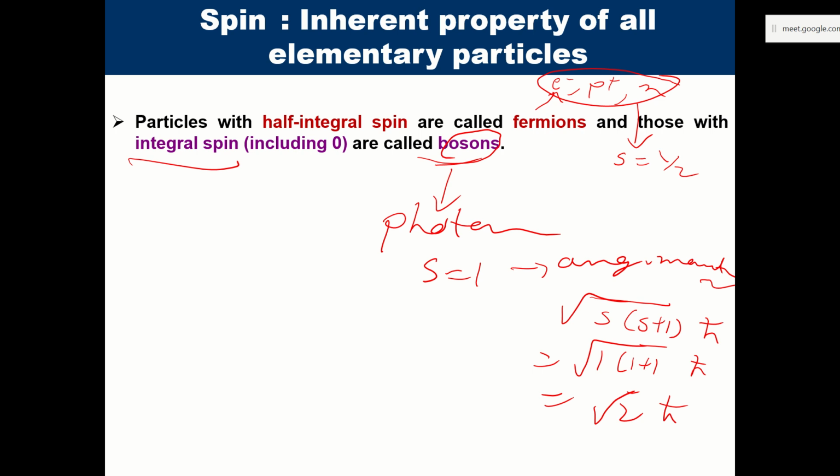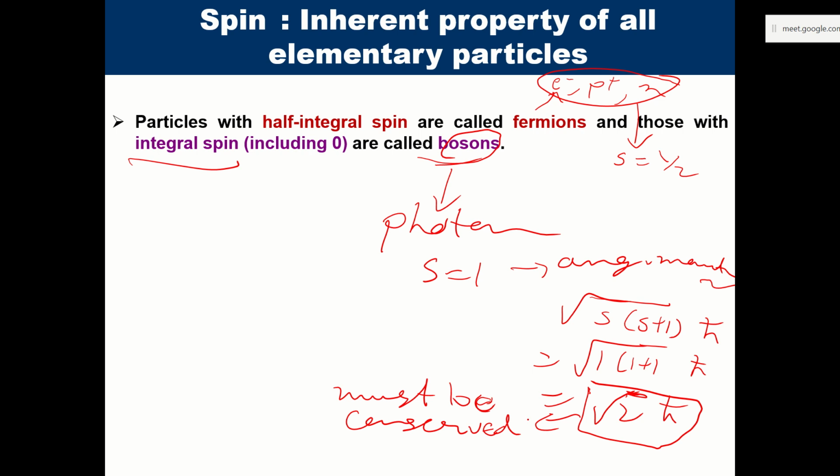When light-matter interaction is happening, an electronic transition is happening, this must also be conserved during the transition. Whenever a spectroscopic transition is happening, this momentum has to be conserved.